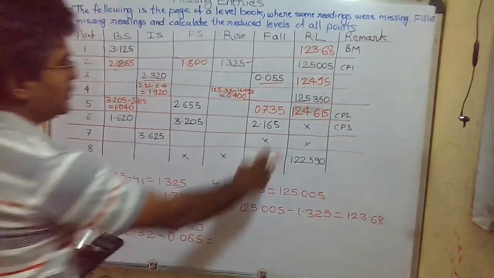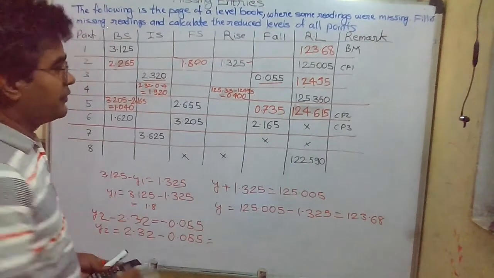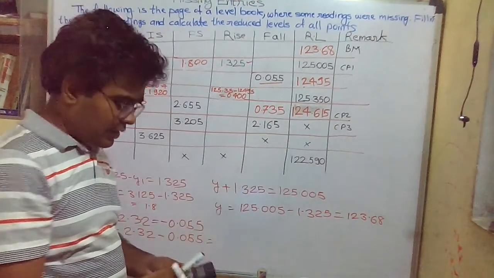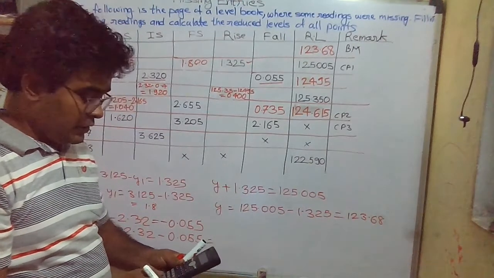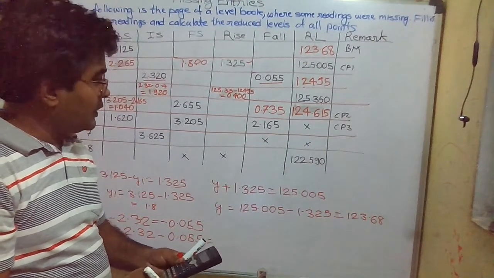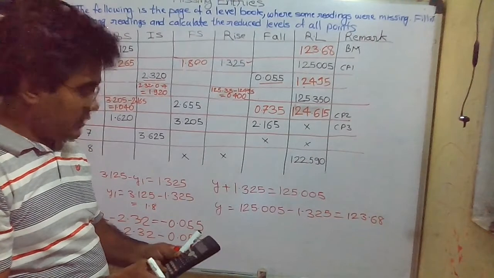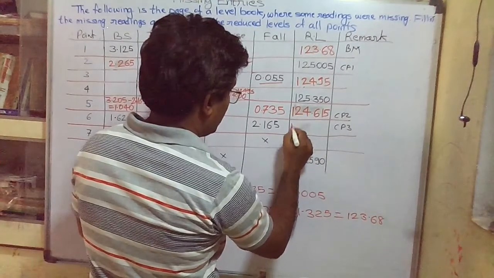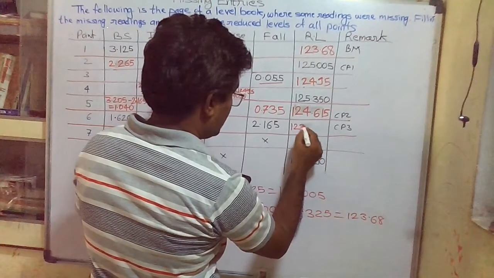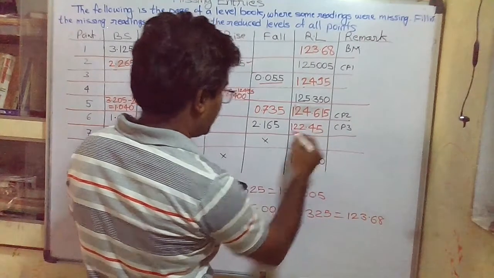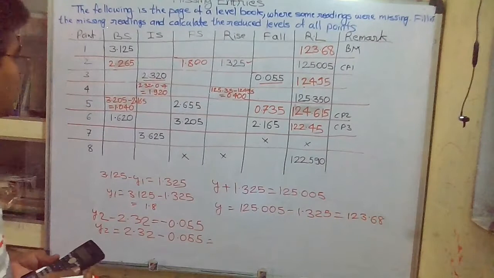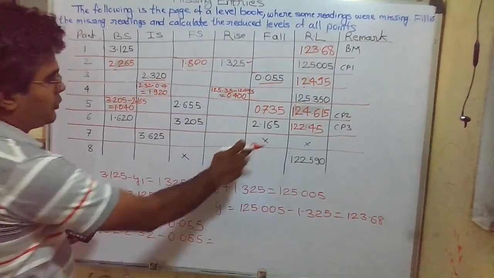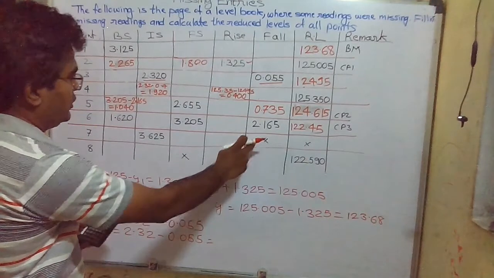Now we'll find the RL of the next point by simply deducting the fall from the RL of the previous point. 124.615 minus 2.165 is coming as 122.45. Again, here we have to find the fall.